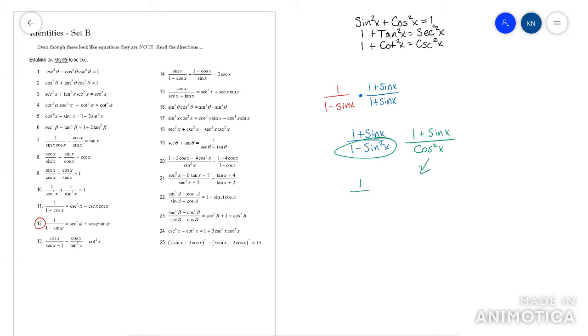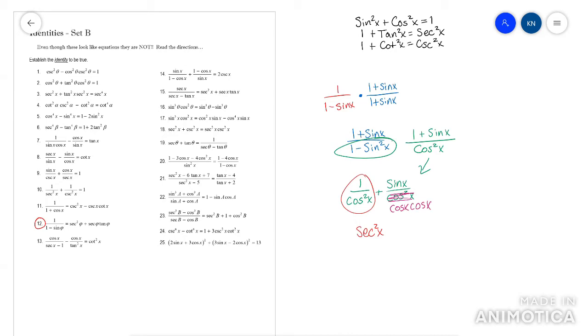So it's like 1 over cosine squared plus sine over cosine squared. And this 1 over cosine squared is secant squared. And if you think about this part, the sine over cosine squared is really like 2 cosines.